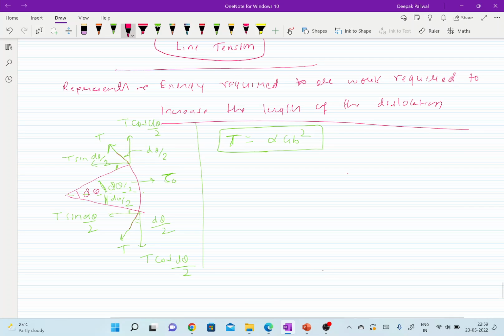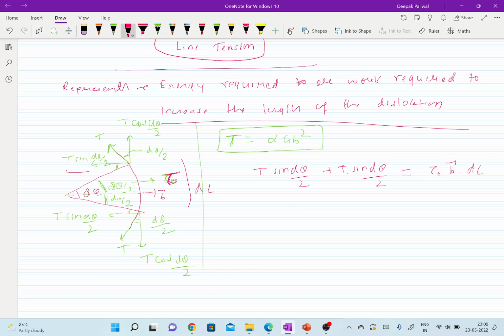This is the shear stress which we are applying along this line which has a Burgers vector b, and the length of the dislocation segment is dl. So we are doing a force balance. T sine d theta by 2, again T sine d theta by 2, will equal tau naught b dl.